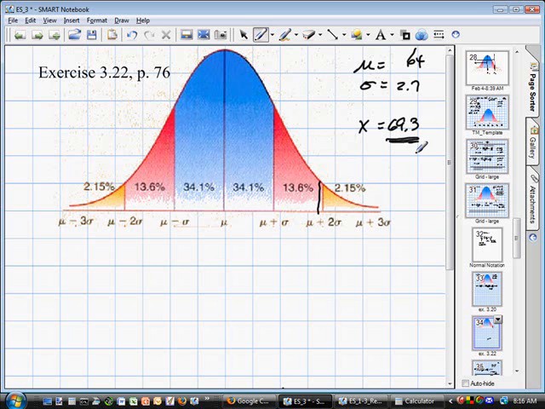No? You guys don't quite see what I'm doing. Most of you do. But anyway, you're looking in the table and you're trying to find something as close as possible to .6930. Well, the closest one I've got is .6950, or .6915.